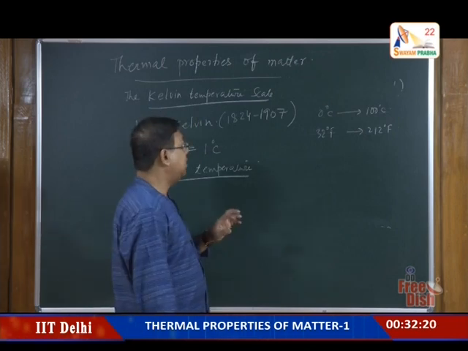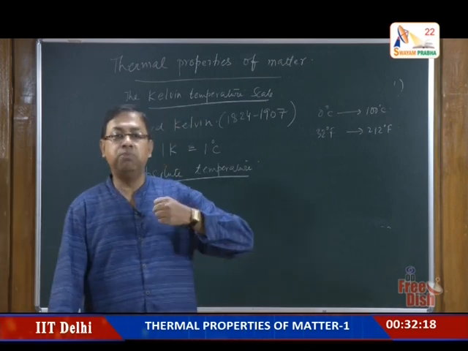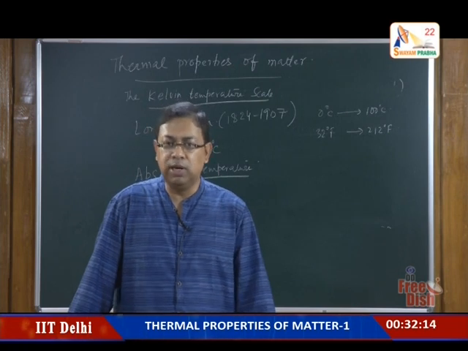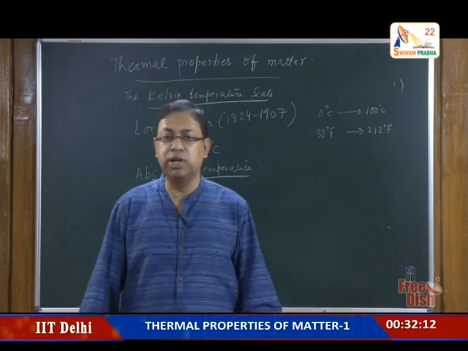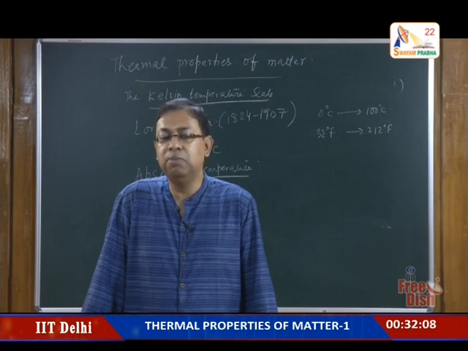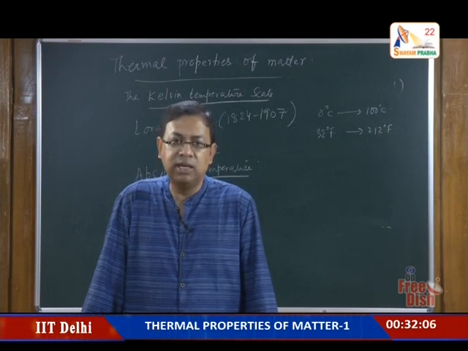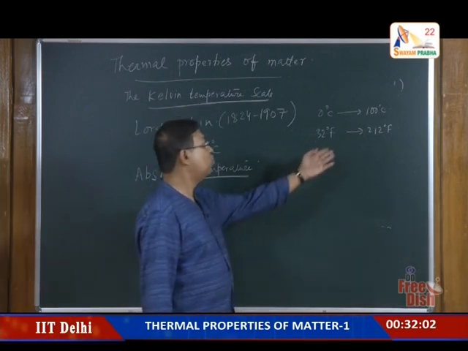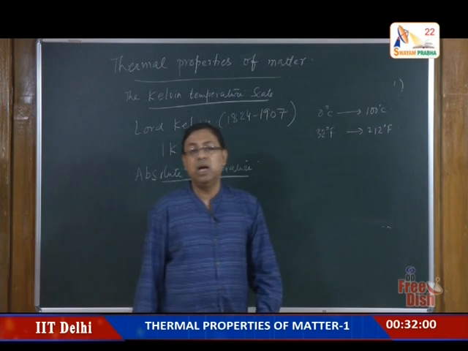While lower than the ice point is possible, and the temperature can go down to minus 30 degrees Celsius in cold countries such as Canada, there could also be a temperature much more than 100 degrees centigrade.